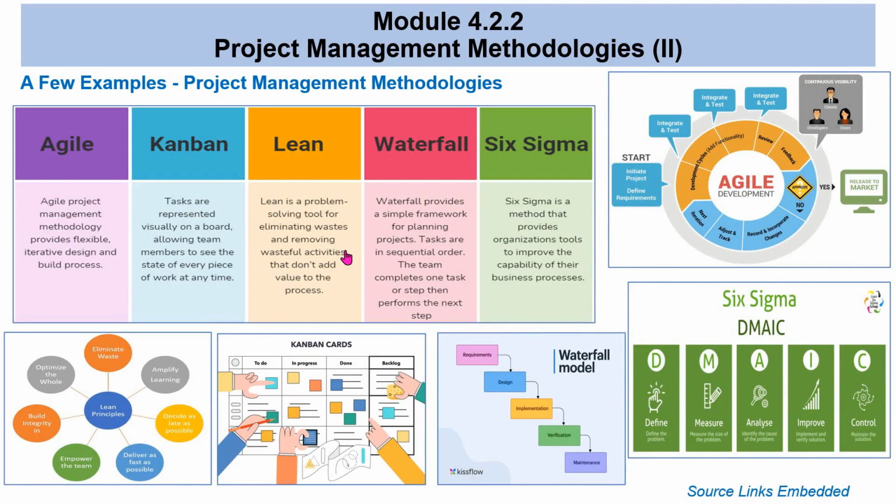Some examples that we've talked about: Agile provides flexibility and uses an iterative design and build process. In Kanban, tasks are represented visually on a board, and they allow the team members to see the state of every piece of the work.